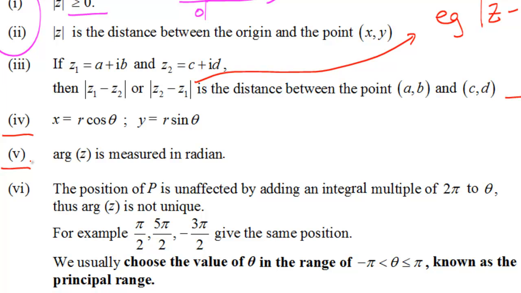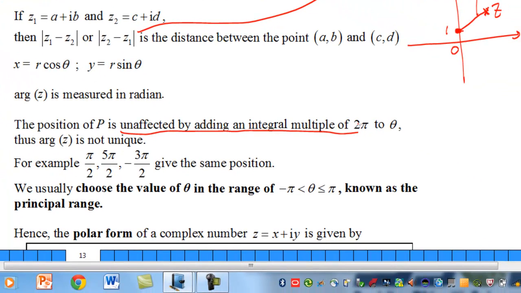Now for point number 6, it means the position of P is unaffected by adding an integral multiple of 2 pi to theta, meaning that when we want to describe the argument of a complex number, it need not be unique.